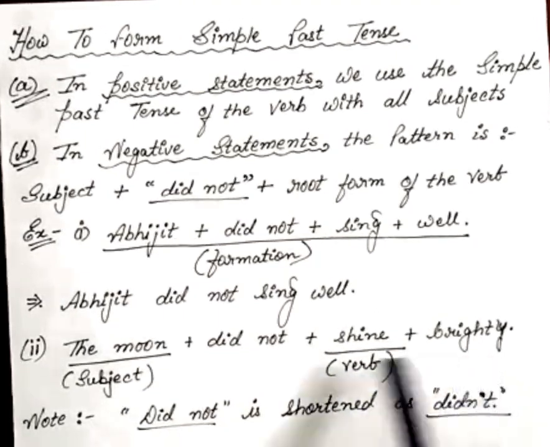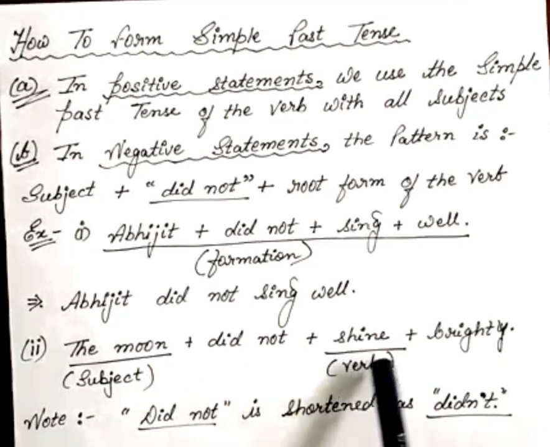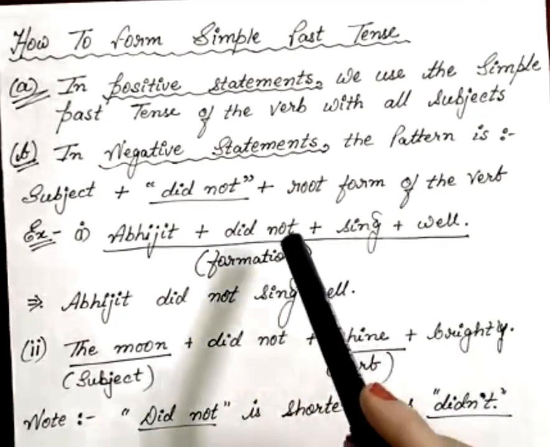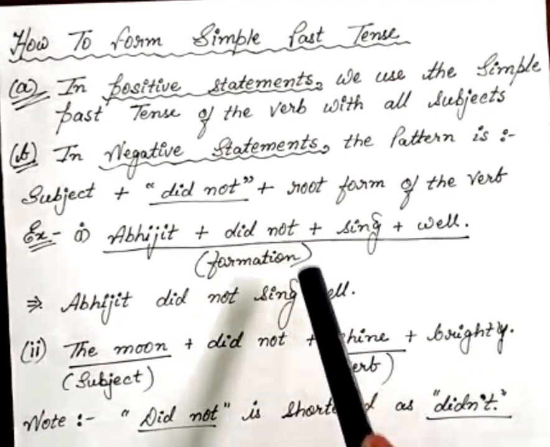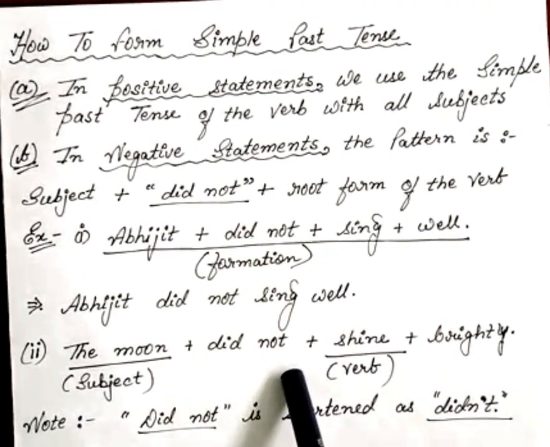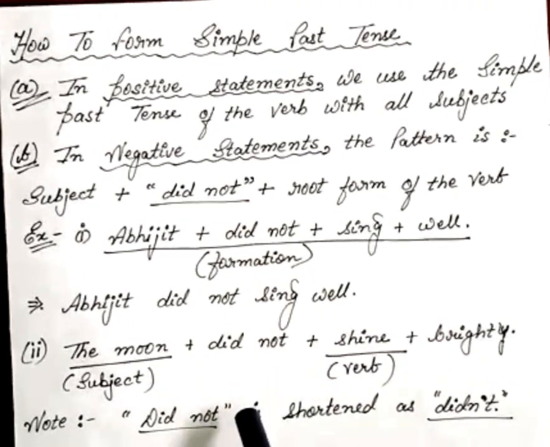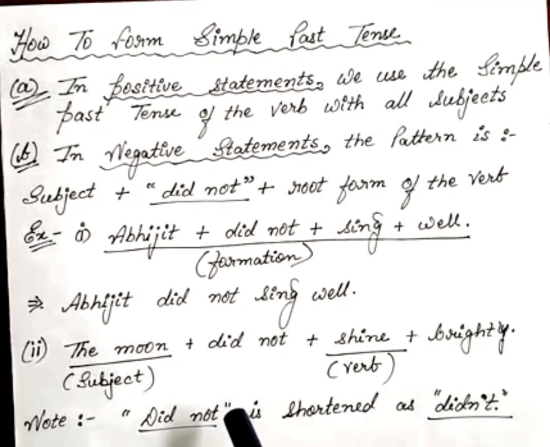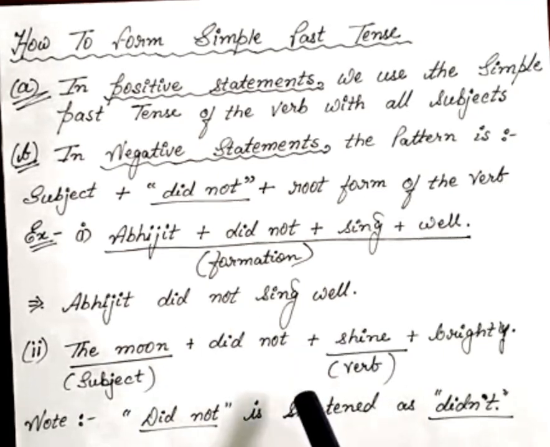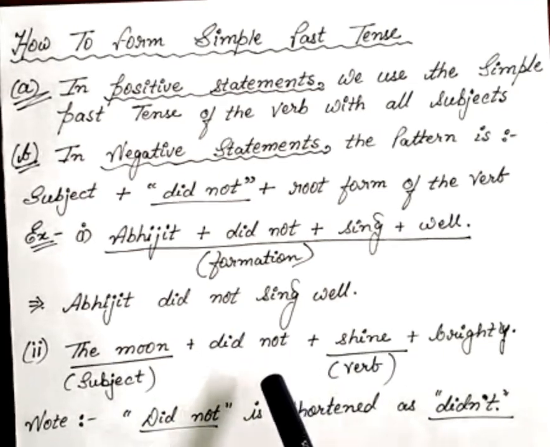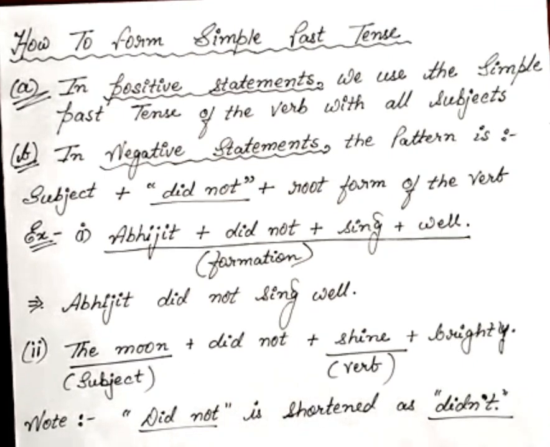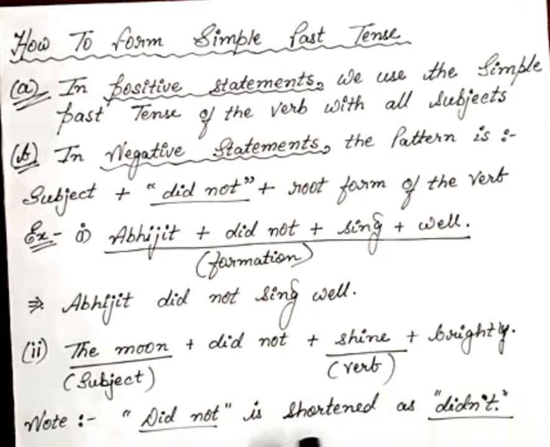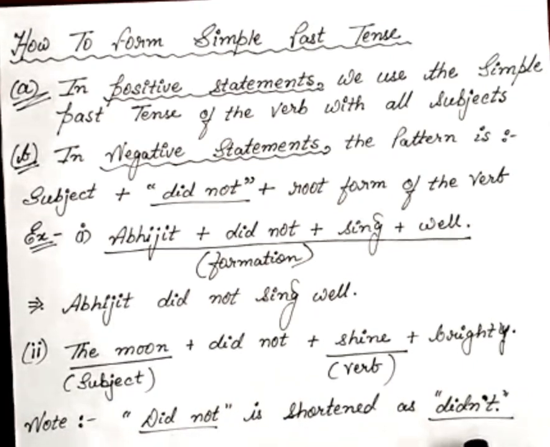So the sentence is, the moon did not shine brightly. Since you find the words did not here also, this forms a negative sentence belonging to the simple past tense. Also note that did not is shortened as didn't.